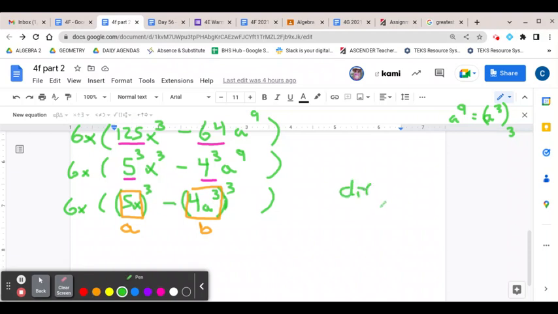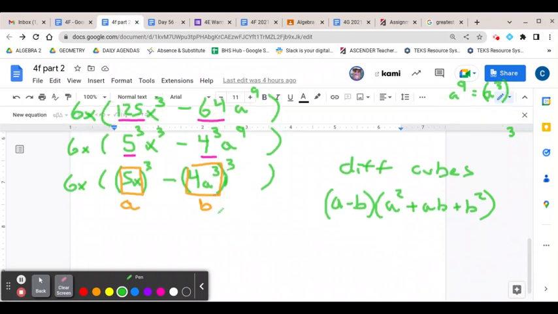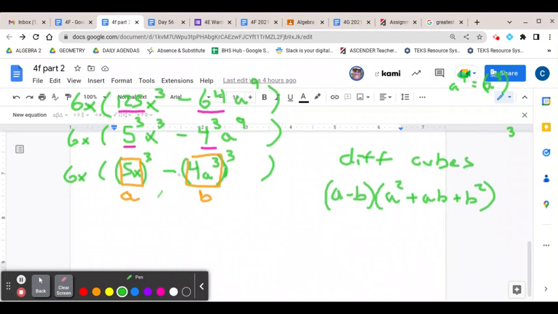So the difference of cubes formula: a minus b times a squared plus ab plus b squared. Okay, so we go to plug this in.